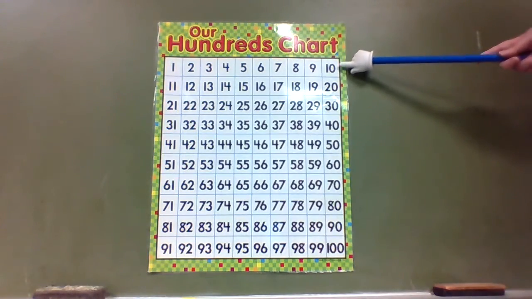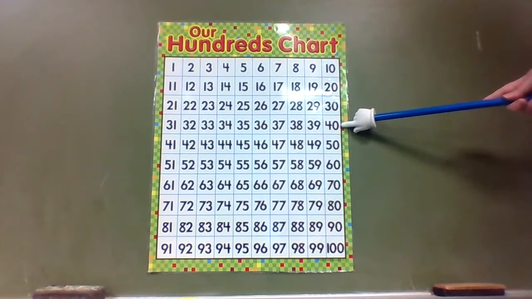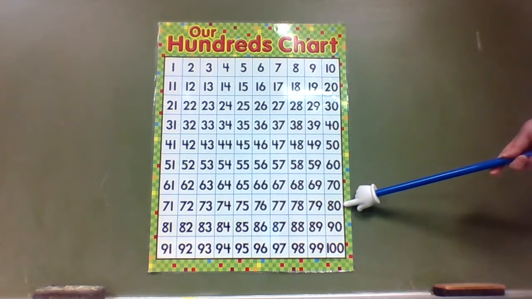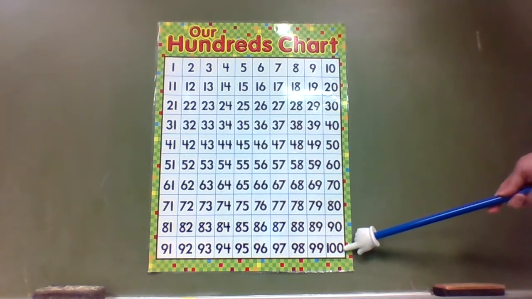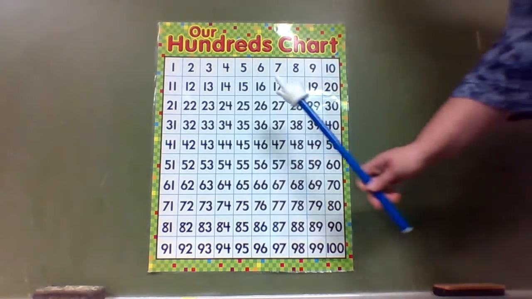Ready? 10, 20, 30, 40, 50, 60, 70, 80, 90, 100. Let's count by fives next.